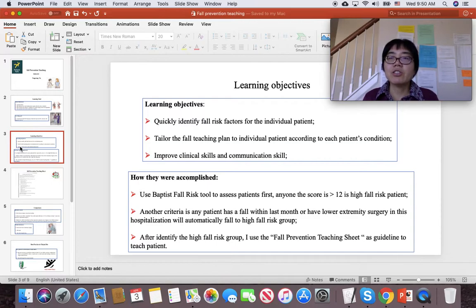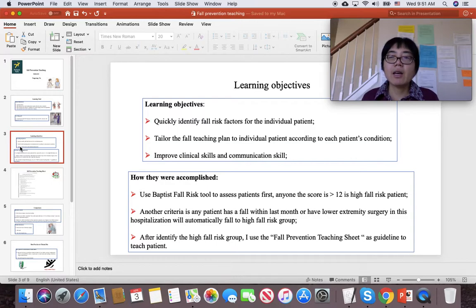Second, I will tailor the fall teaching plan to each individual patient according to each patient's condition. And the third one is that I will improve my clinical skills as well as communication skills.